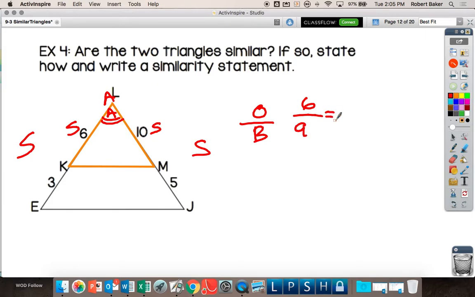How long is the right side of the orange triangle? 10. And the whole triangle? 15. So I have to check and see if those two things are proportional. How are you going to do it?